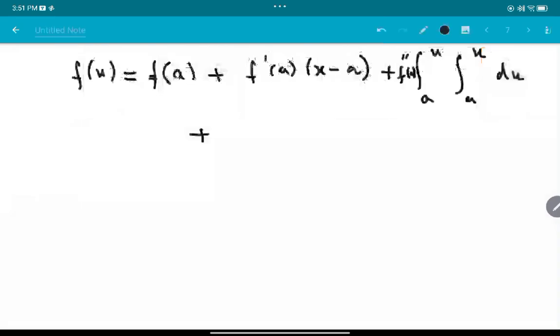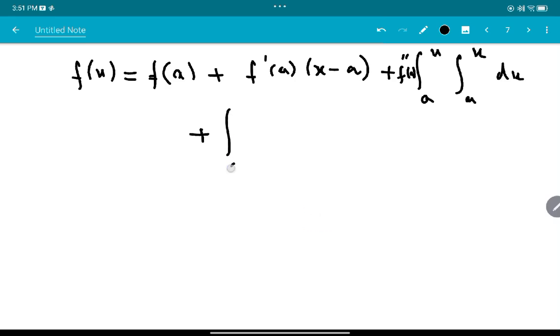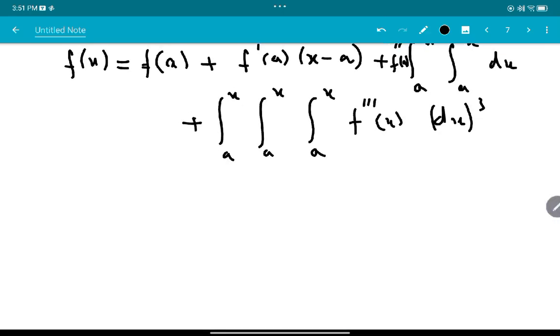Yes, this is our last term: triple integral from a to x of f triple dash x dx cube. It's important to realize the order of the integral. For example, this is triple integral, 3, this 3, all are the same.